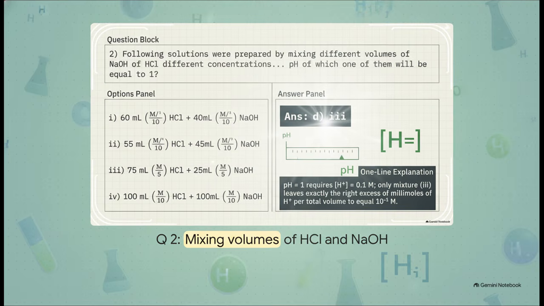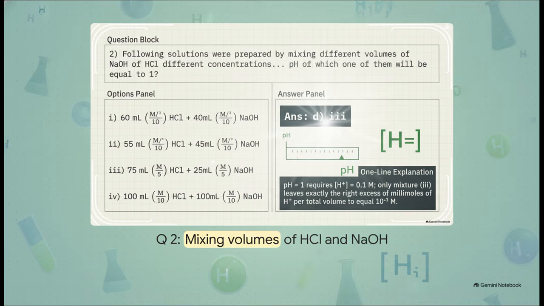Options panel. I, 60 ml M by 10 HCl plus 40 ml M by 10 NaOH. II, 55 ml M by 10 HCl plus 45 ml M by 10 NaOH. III, 75 ml M by 5 HCl plus 25 ml M by 5 NaOH.